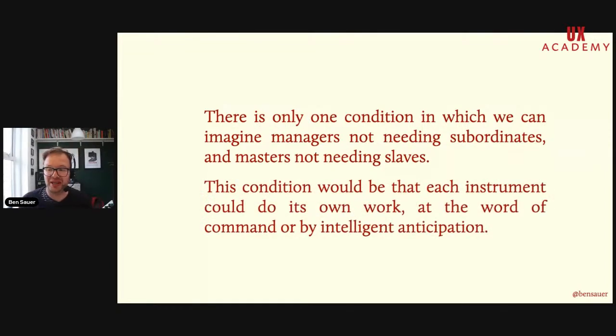This condition would be that each instrument could do its own work at the word of command or by intelligent anticipation. So a little game for you to play with yourself and the others right now is, how old do you think that quote is? I'll give you a couple of moments. Is it 100 years, 500, 200, 1,000, 5,000, 2,000?